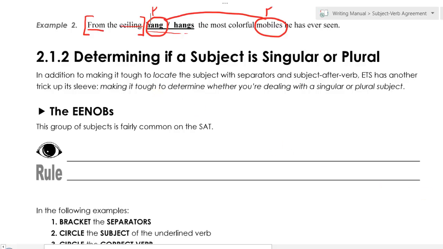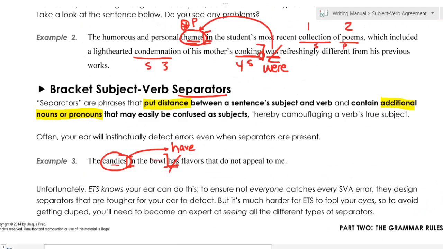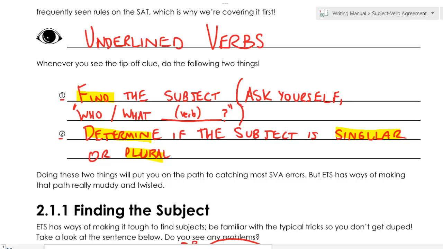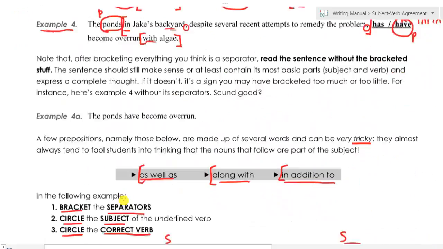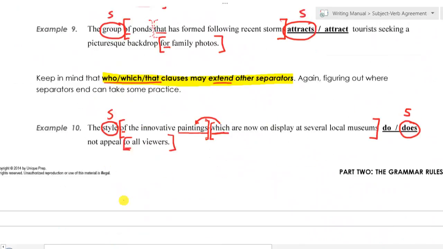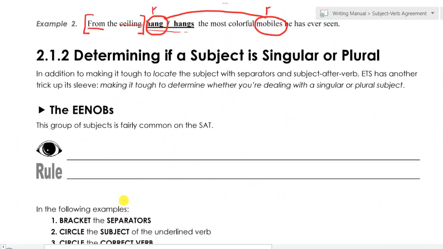Now, remember from our first page of subject-verb agreement, we said that our two goals were, once we see an underlined verb, we need to find the subject, we need to determine if the subject is singular or plural. We just talked about all the ways that ETS can make it tough to find the subject. Now we need to talk about the ways that ETS might make it a little bit difficult to determine if the subject is singular or plural.